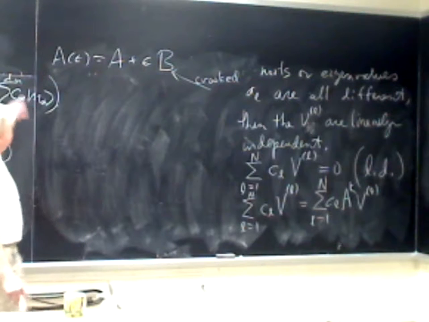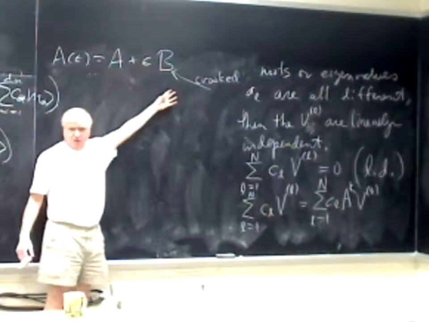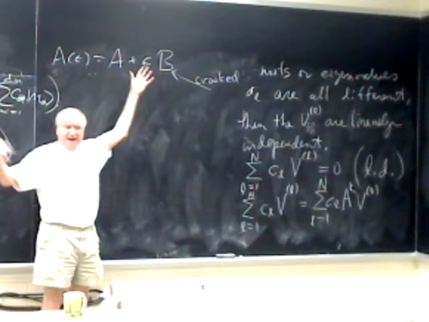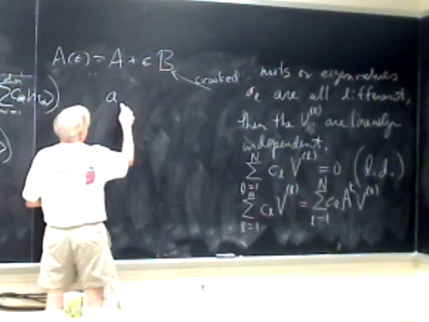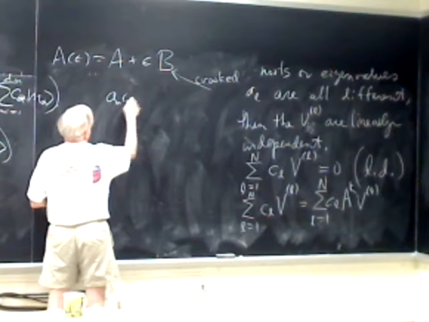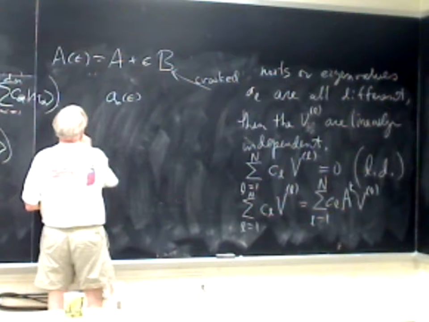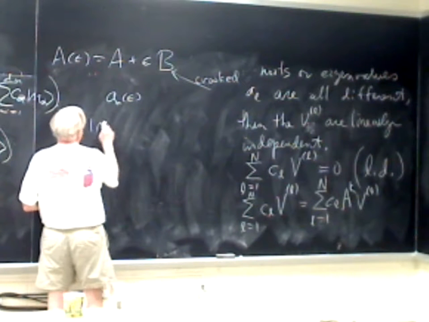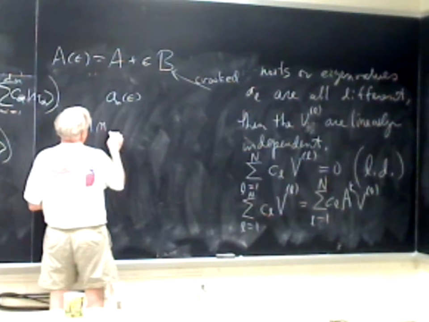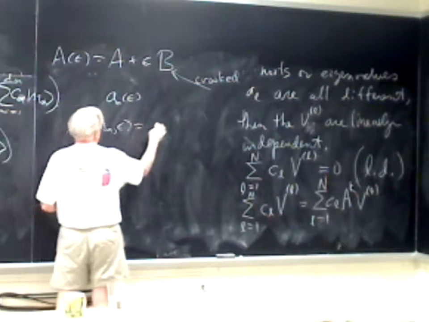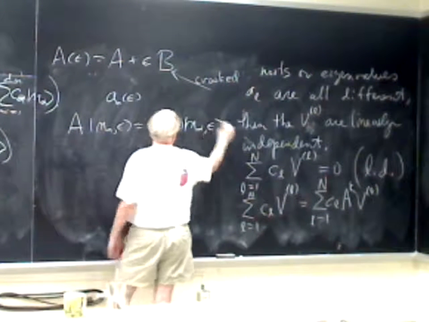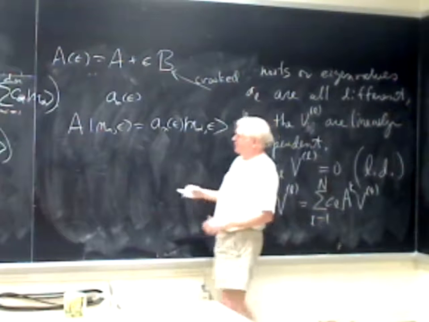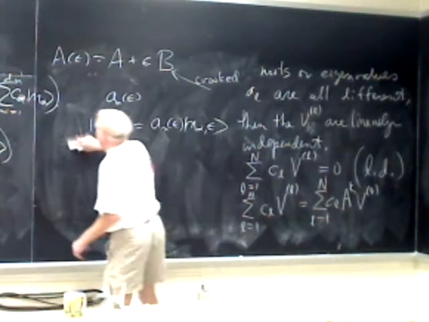Now, because this is a crooked operator and you've broken all the symmetry, the eigenvalues A_n, which depend upon epsilon, in other words, the states |n, α, ε⟩ satisfy A(ε)|n, α, ε⟩ = A_n(ε)|n, α, ε⟩.